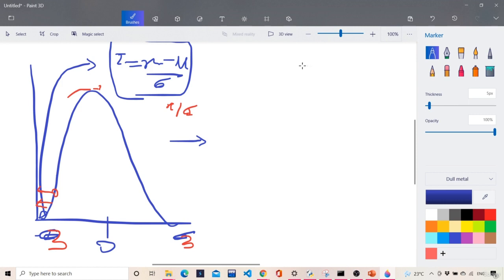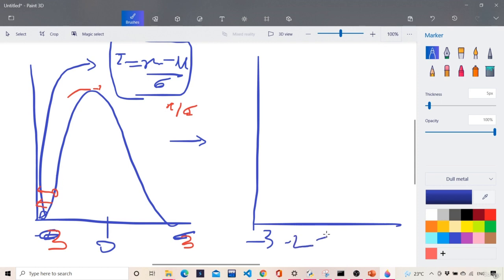Over here, for example, the scale goes from -3 to 3, right? So -3, -2, -1, 0, 1, 2 and 3. Suppose this point is there over here, I find its value, I plug that value in, and I get a result somewhere over here. So this is my y value and this is my x value.